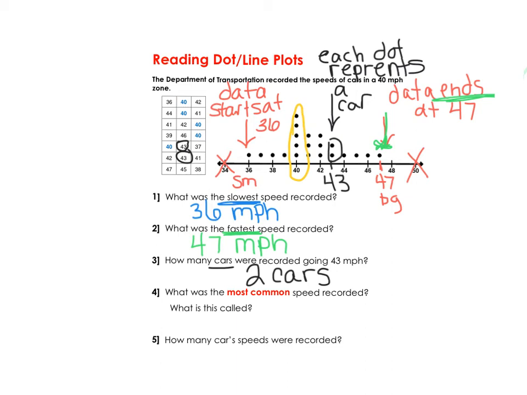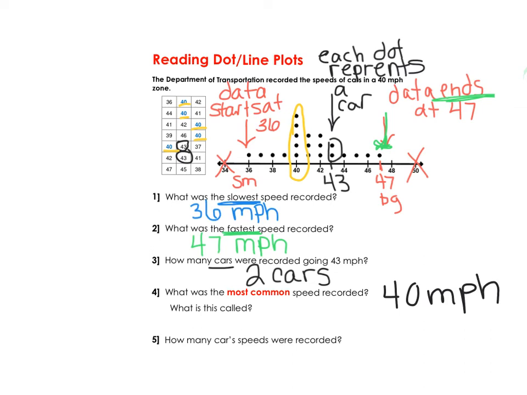So most of the cars were going 40 miles per hour. Even if you were to read it from your table, you can see that 40 popped up 5 times. It occurred more frequently than any other miles per hour. So it says, what was the most common speed recorded? That would be 40 miles per hour.